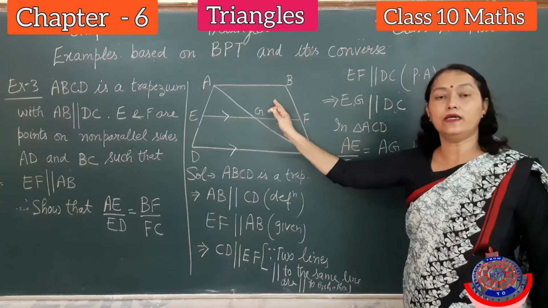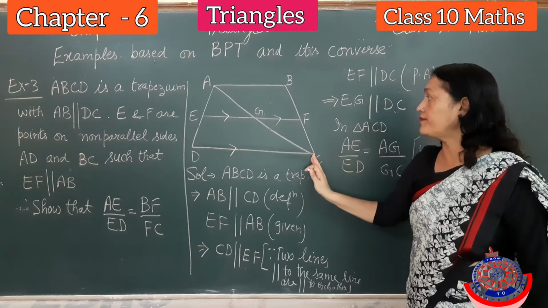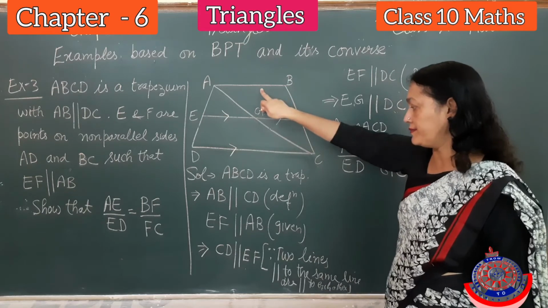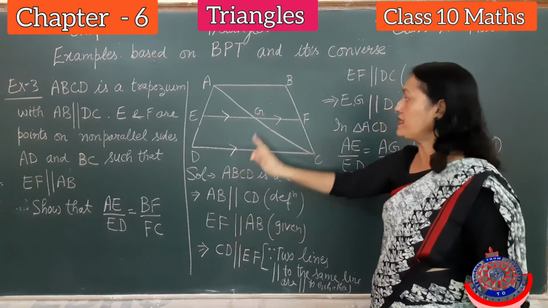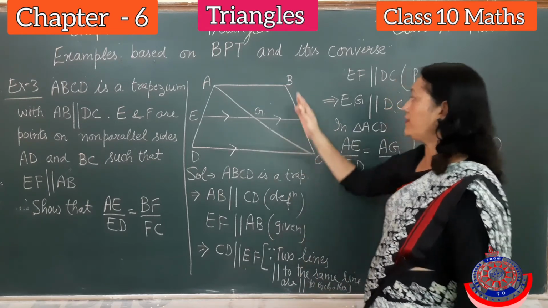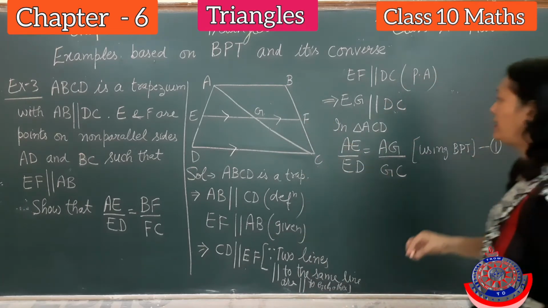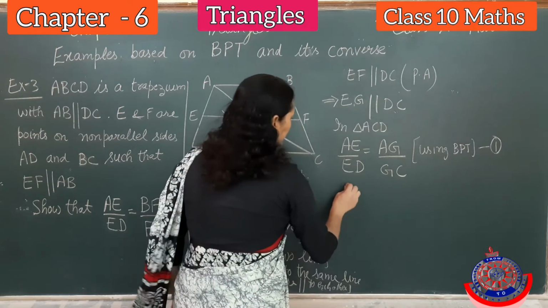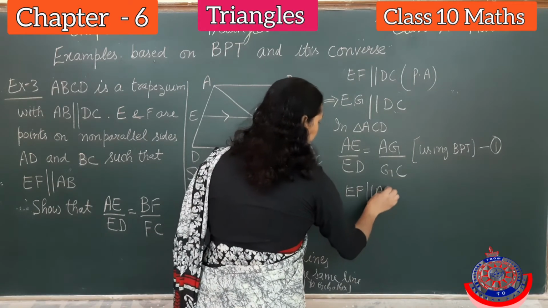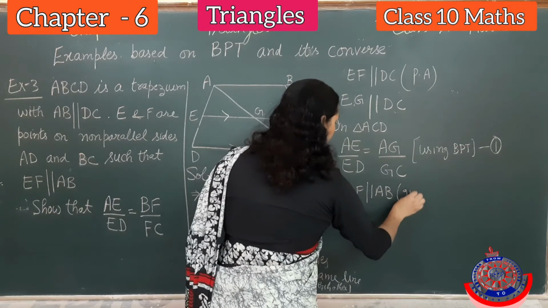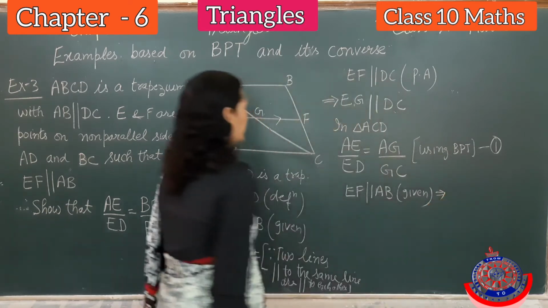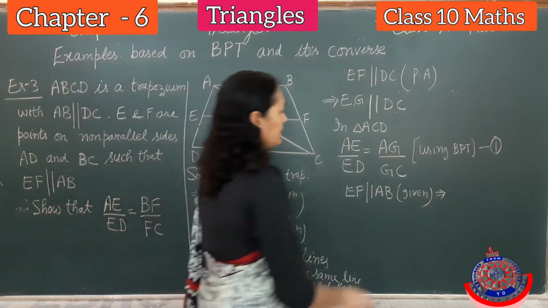Now come to triangle ABC. Here again, if EF is parallel to AB, given, that means GF will also be parallel to AB. Therefore, we will be applying BPT in the given triangle. EF parallel AB, given, implies GF parallel AB.